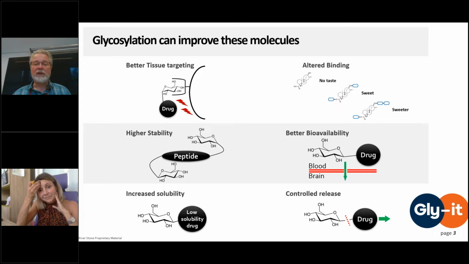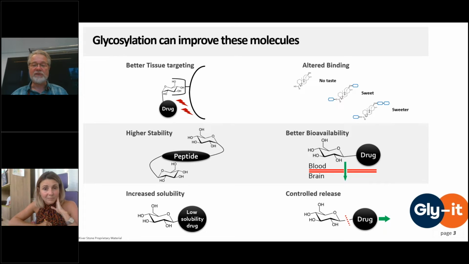Then if you go down, you can in some cases get better bioavailability that has not just to do with improved solubility. This is an example where, by adding a sugar molecule to a drug, you can get better penetration over the blood-brain barrier, because there are transporters, importers, exporters that recognize carbohydrate motifs.